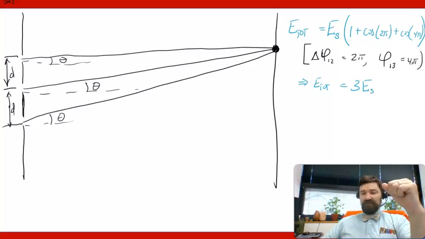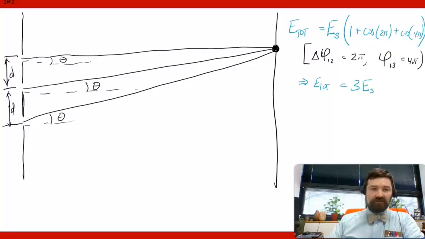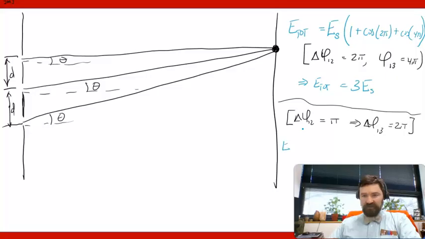Well, for that phase difference of pi, slit 1 and slit 2 would essentially cancel each other, just like in a double slit with a difference of pi, but you still have slit number 3 that's present. Okay, so let's write that. In this case, my E total would now be the E from each individual slit times 1 plus cosine of pi plus cosine of 2 pi.